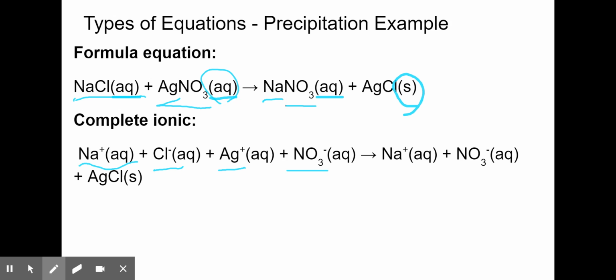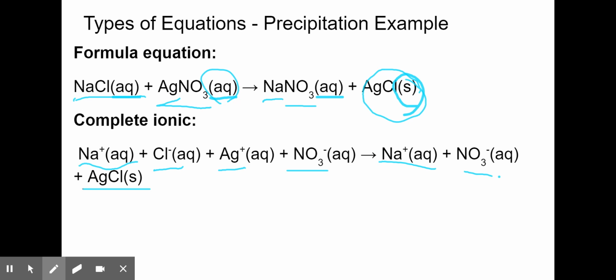Sodium and nitrate break up into ions, so I write them out. The only thing I don't split is the precipitate because it doesn't break up in the solution. It doesn't dissolve. It stays as a solid, usually floats to the bottom because it's more dense, and then we can separate it out by filtering it. Okay, so that gets to stay. That's known as the complete ionic equation.